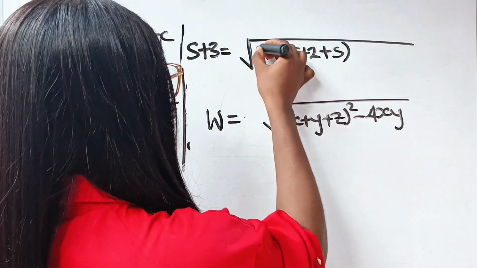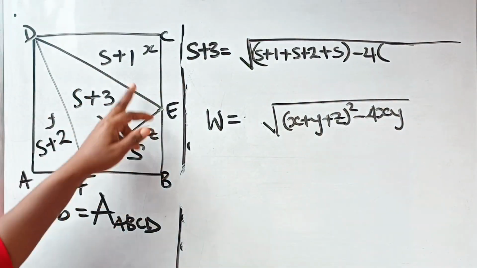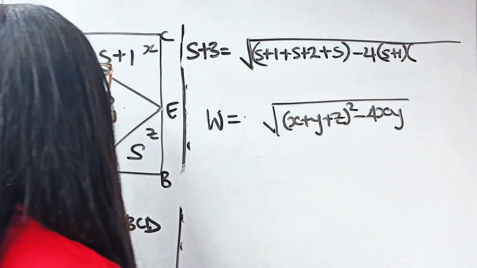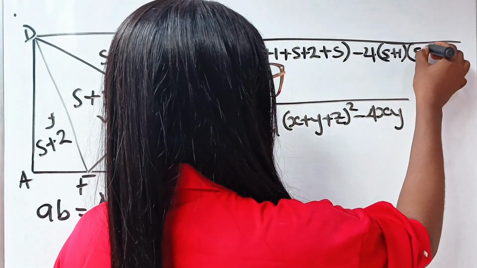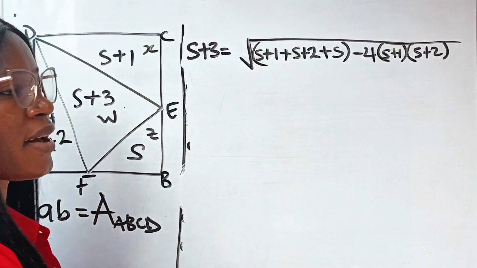All right, all of them squared, minus 4 brackets. Now our x is s plus 1 and our y is s plus 2. Okay, ta-da! We are getting close to the answer.